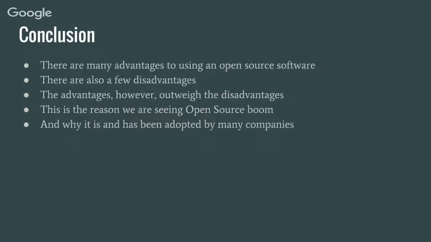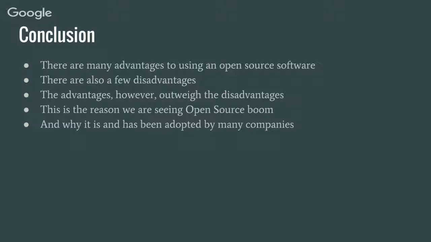So to recap, there are many advantages to using open source, and there are also a few disadvantages. However, the advantages of open source outweigh the disadvantages, and when you compare that to the advantages and disadvantages of closed source, you can see that open source is clearly more beneficial to the individual and their company. And this is the reason why we're seeing open source boom.